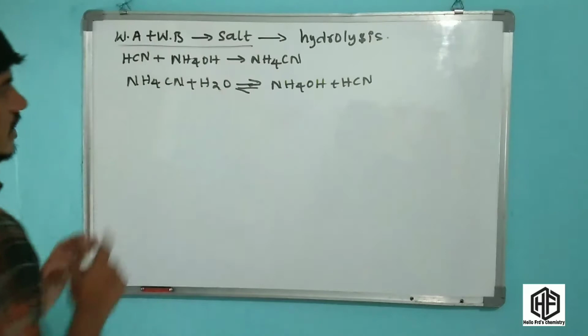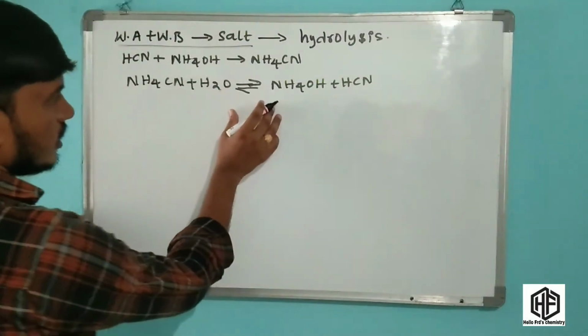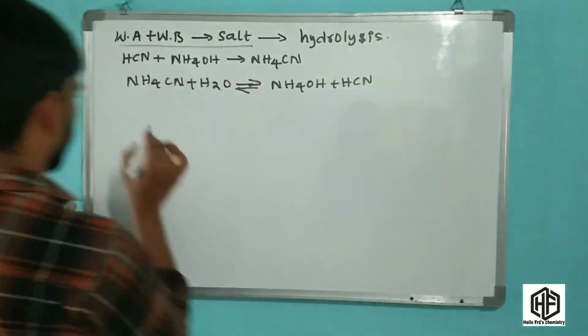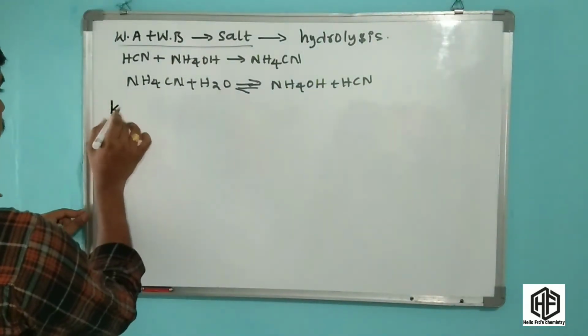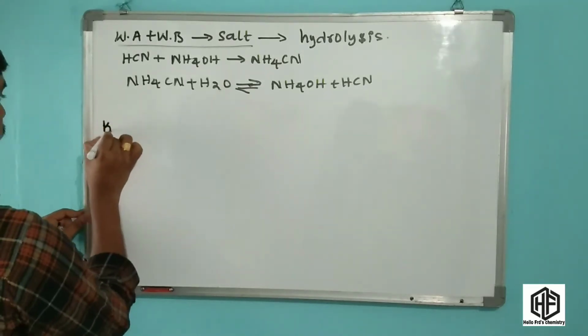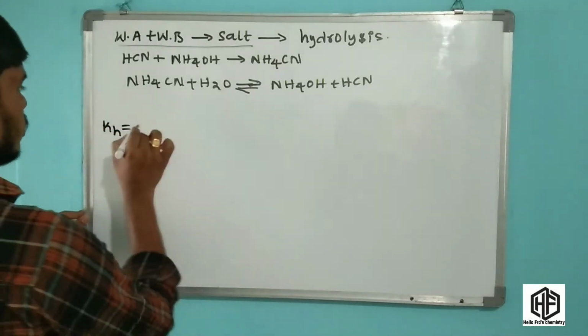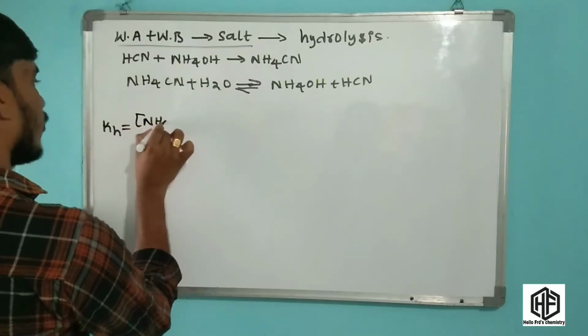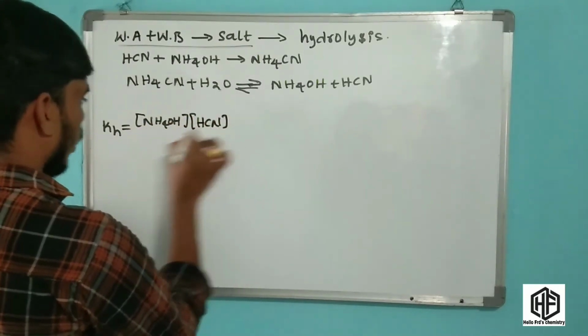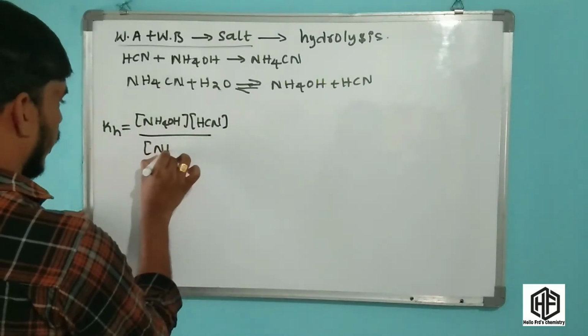What is the hydrolysis constant of this reaction? Kh is equal to concentration of NH4OH into concentration of HCN by concentration of NH4+ into concentration of CN-.